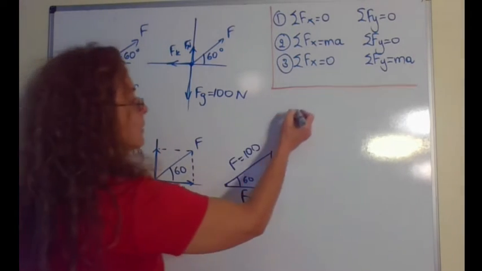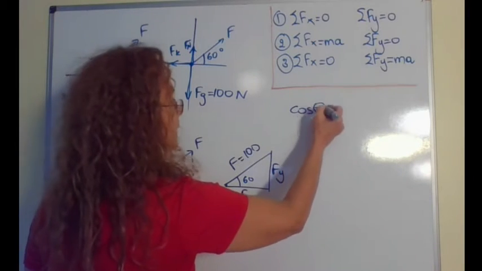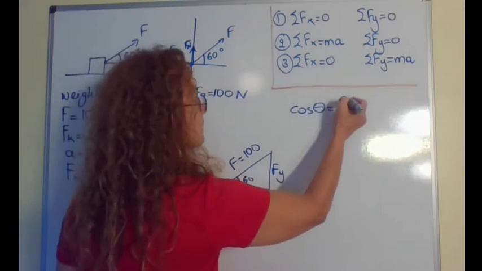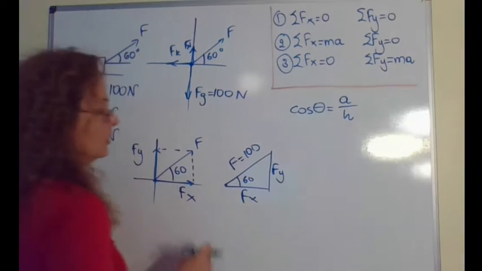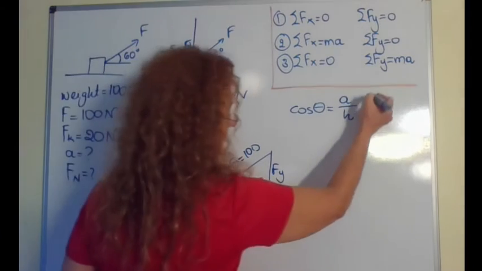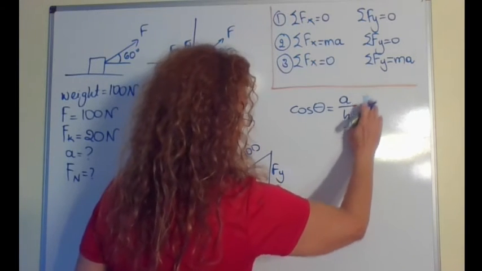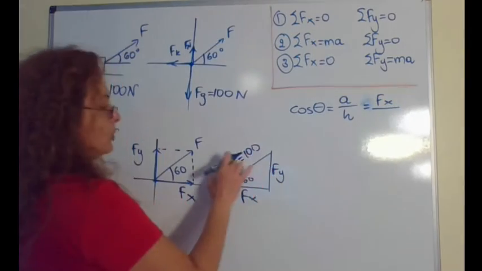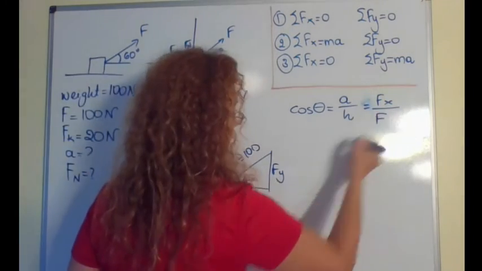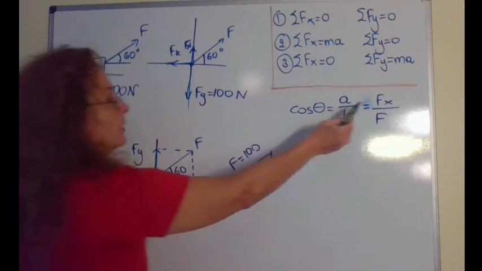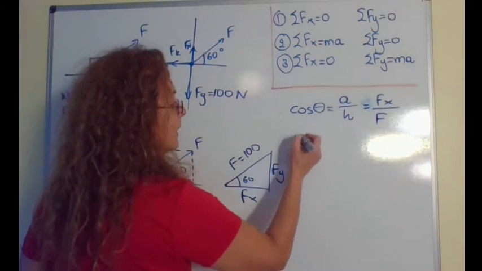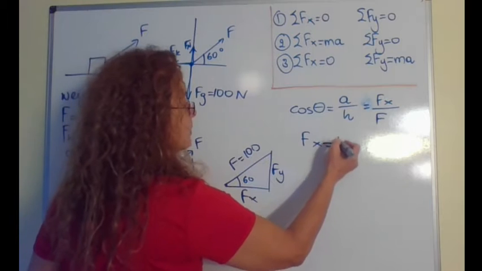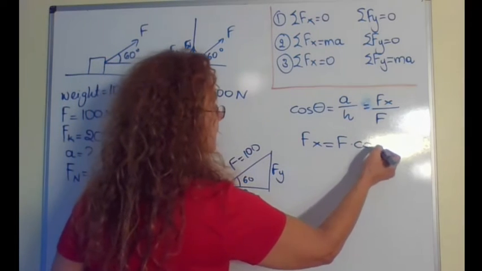What I know is that the cosine of the angle is adjacent over hypotenuse. So the adjacent is Fx over hypotenuse, which is F. Solving for Fx, I have that Fx equals F times cosine theta.